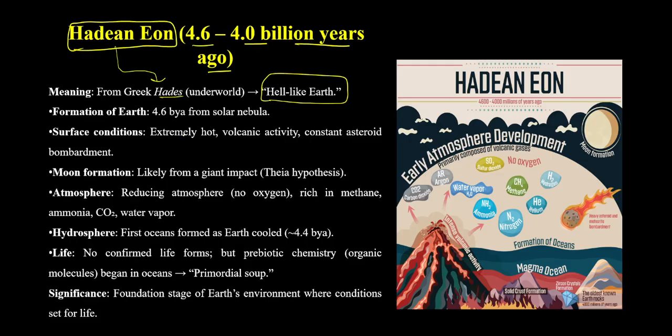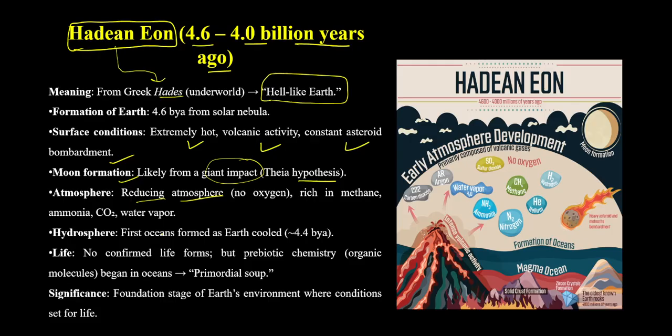Surface conditions of the Earth were extremely hot, and volcanic activity was there. Constant asteroid bombardment was there. Also the moon was formed from a giant impact according to the Theia hypothesis, and as I already told you, the atmosphere was reducing.